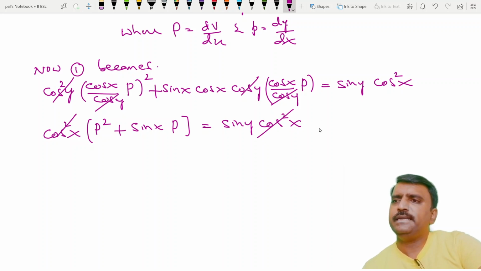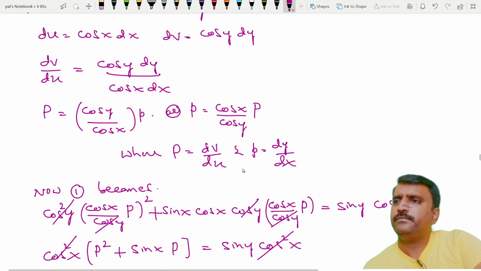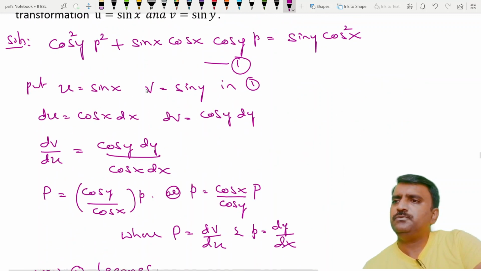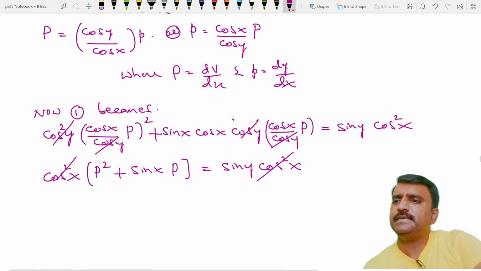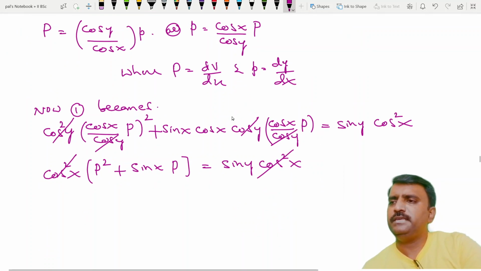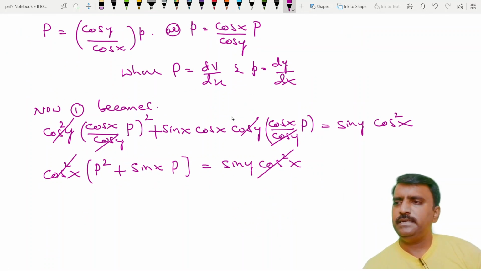Again, what is sin x and sin y? Sin x is u, sin y is v. So if you substitute that here, it is p square plus sin x p, sin x is u.